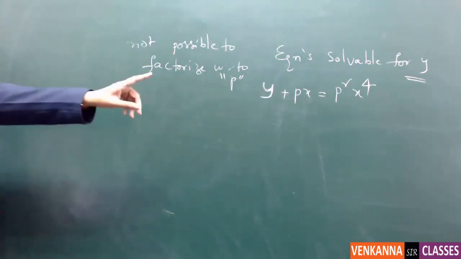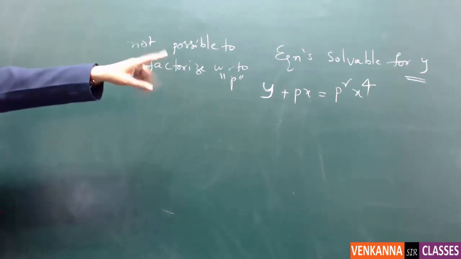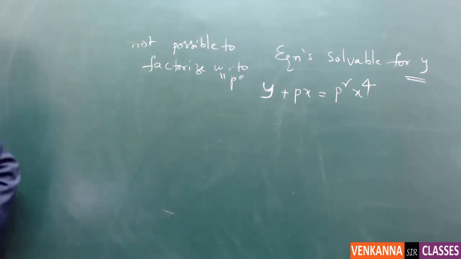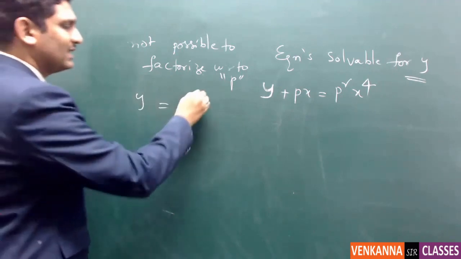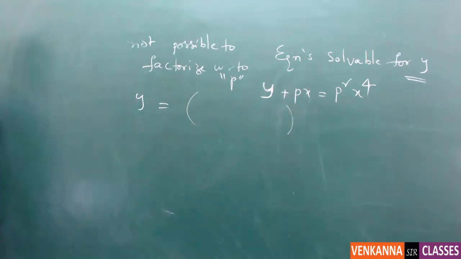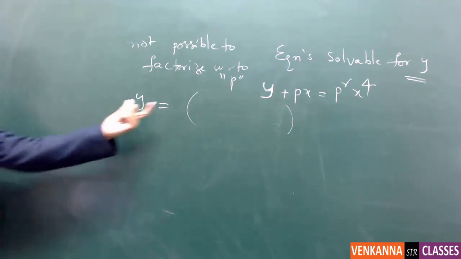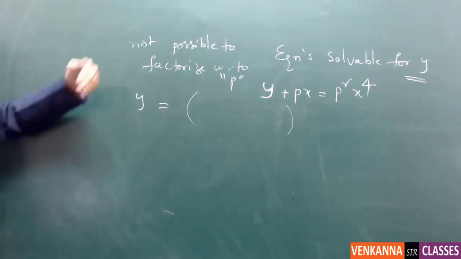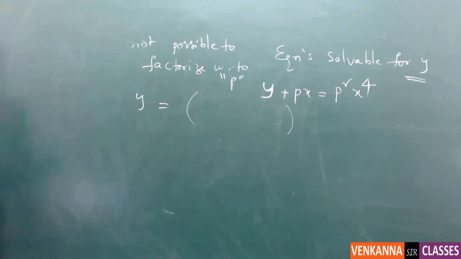It contains x with power 1 and x with power 4, so it is not solvable for x. It is solvable for y only. So the fundamental thing is, whenever the equation is solvable for y, we have to represent y is equal to something. Whatever the equation given, we should write that y is equal to something. There we go for differentiation, then we solve the equation by considering the factors.